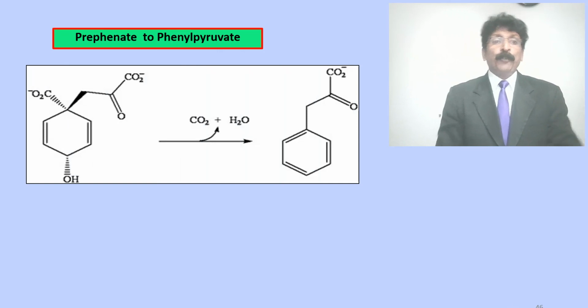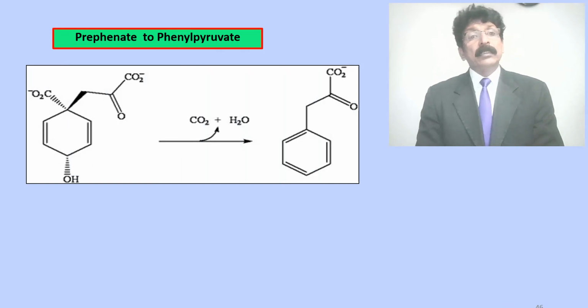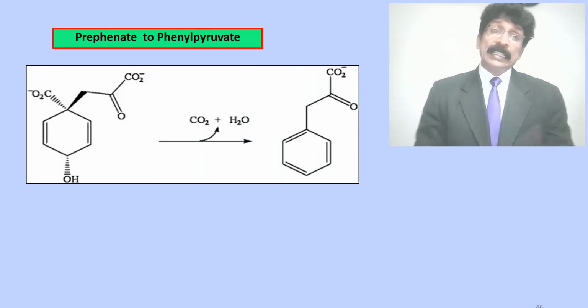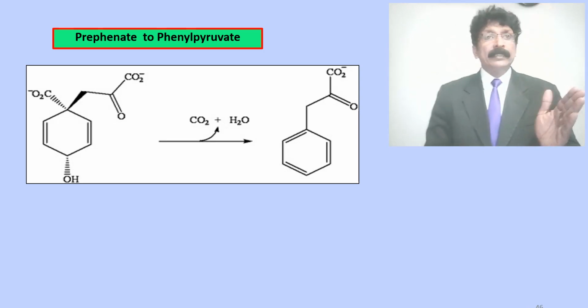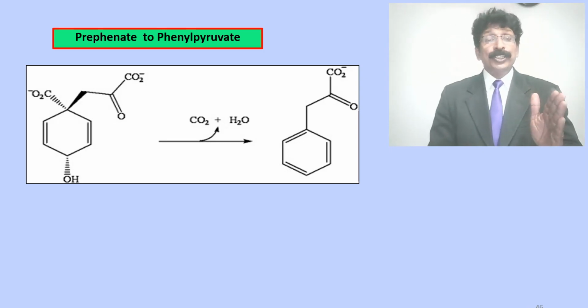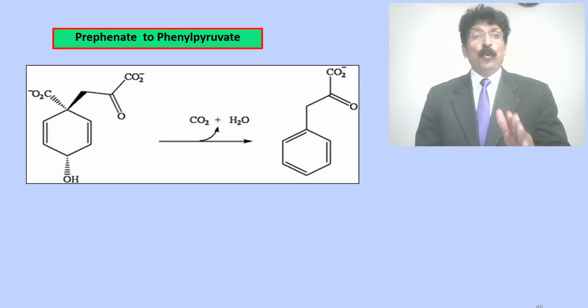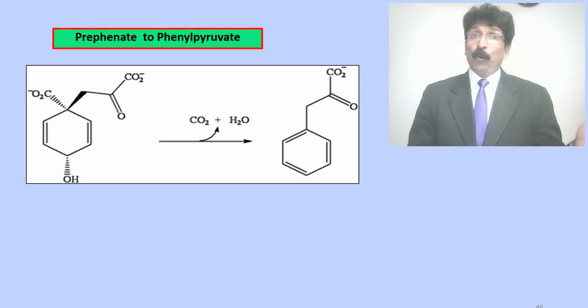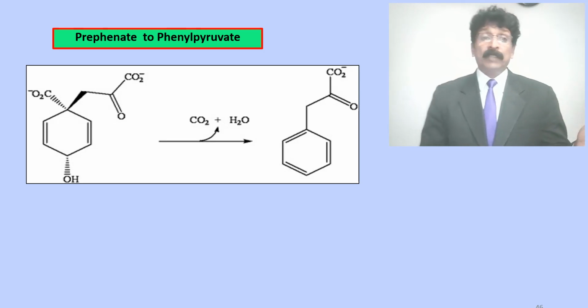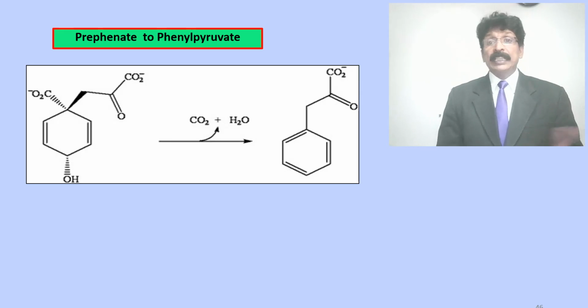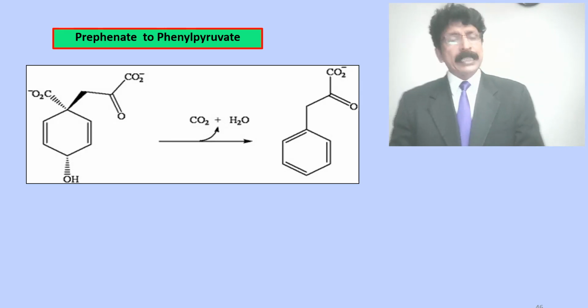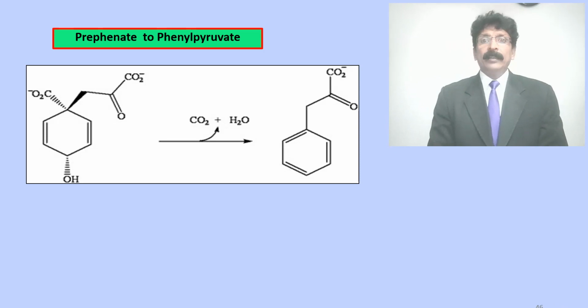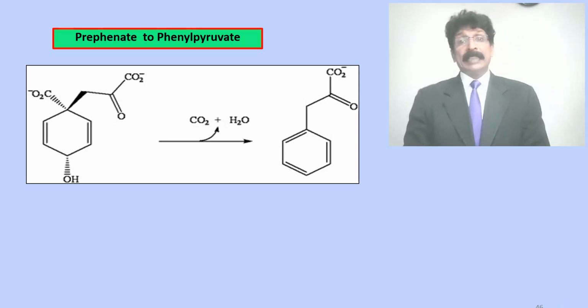So prephenate, we know that it is prephenic acid from chorismic acid, with carbon atom number 1 containing the CH2, C double bond O, COOH and COOH, and OH. This will be converted into phenyl pyruvate, an aromatic compound, phenyl with a pyruvic acid in the number 1 position.